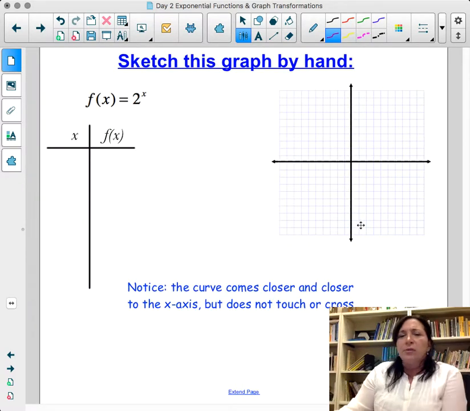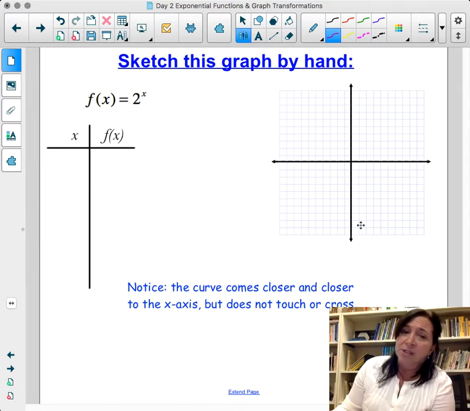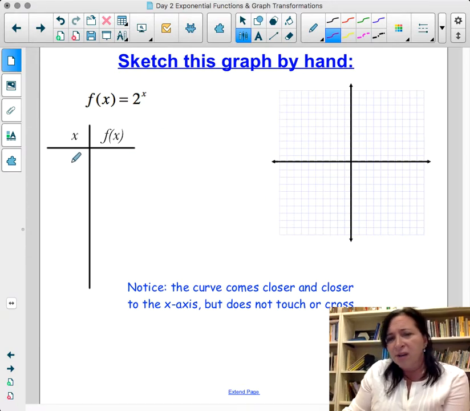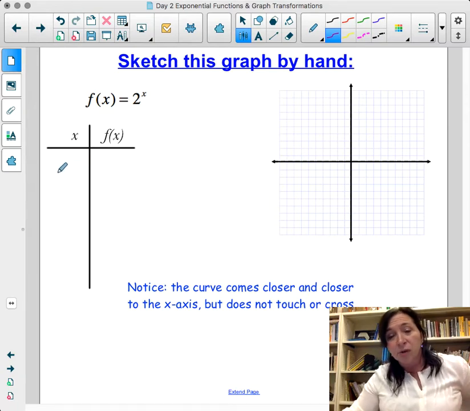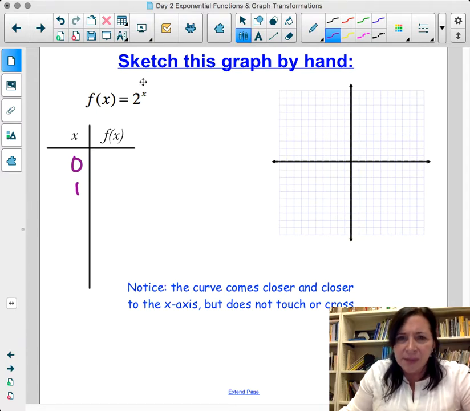So in order to start graphing some exponential equations, we're going to start with this one right here, which says y equals 2 to the x power. I'd like you to graph this by hand. I know your calculator does this. Also, Desmos is really great with graphing exponential equations. I'd like to start with 0 and 1. Those are my favorite values to start with. Know that usually I put the x values here.